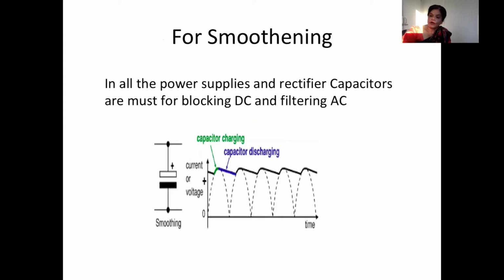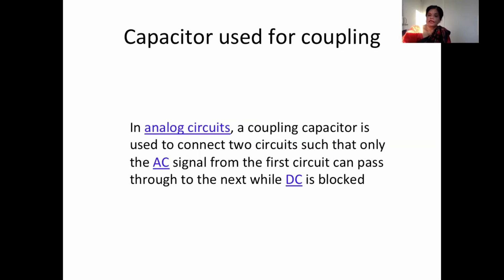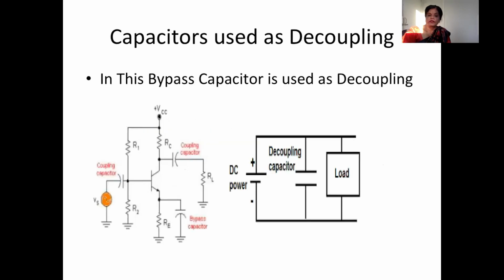Capacitors are also used for coupling. In analog circuits, a coupling capacitor is used to connect two circuits such that only the AC signal from the first circuit can pass through to the next while DC is blocked.